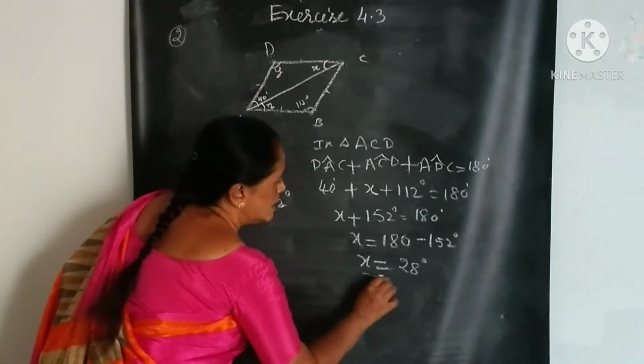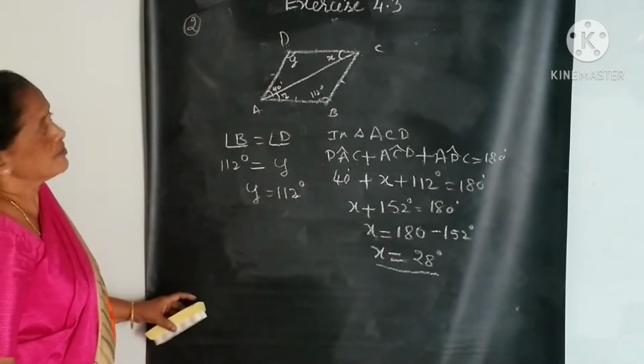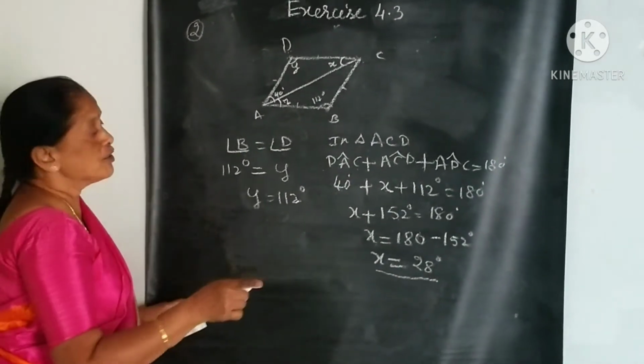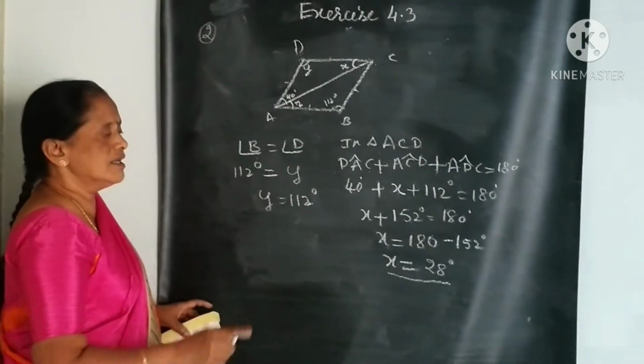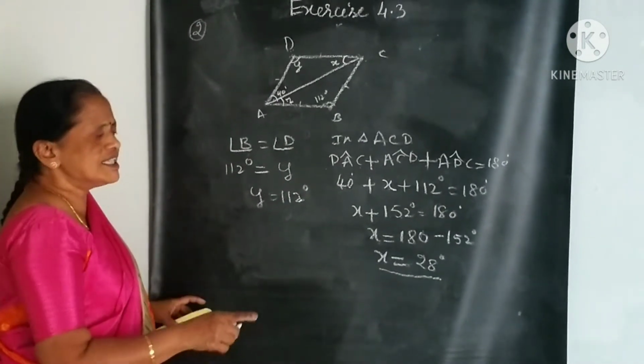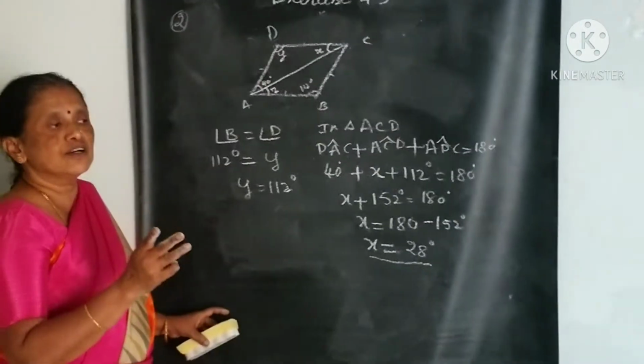What is the angle X? 28 degrees. Then find Z. Here I already told you that in a parallelogram, a diagonal bisects or divides the parallelogram into two congruent triangles.